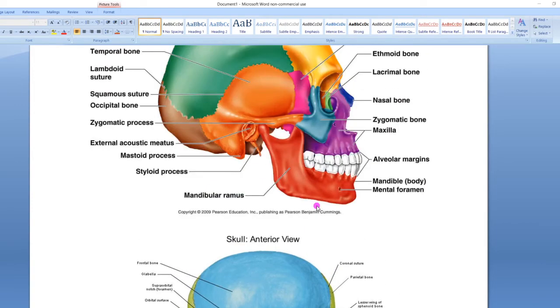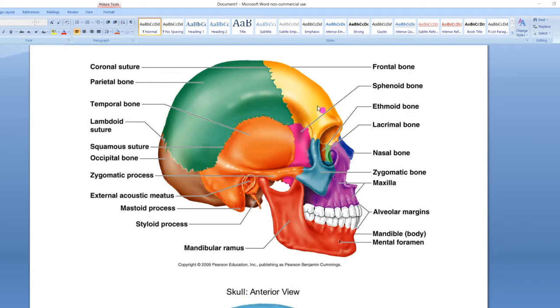Now if I go up here on the side, it's this blue bone. This blue bone is our zygomatic bone. Now the zygomatic bone has a couple structures that you have to know. It's the temporal process, then it has this thing called the zygomaticofacial foramen, and then a structure called the zygomatic arch. Well, first of all, let's just cover this temporal process.